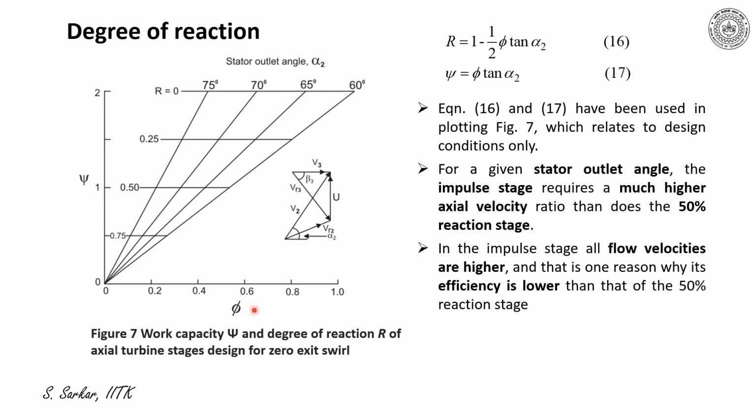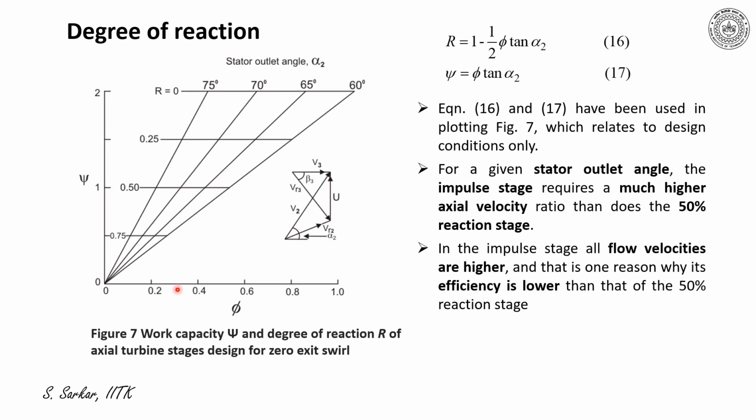That means, look here, suppose we consider alpha 2 equal to 70 degrees. For 70 degrees, if the stage is an impulse stage, it will have a phi of about 0.6. However, if we take a 70 degree stator outlet angle and degree of reaction 0.5, then phi would be around 0.3.